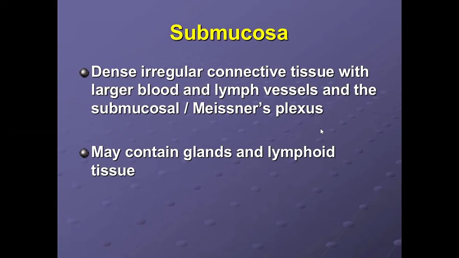In the examination, when you are asked what you find in the submucosa, you do not just say submucosal plexus, you have to put the name, if there is a name of the glands or of the plexus. And then this may also contain glands and lymphoid tissue. Again, if there is already a name in there, say the name. Do not just say submucosal glands.